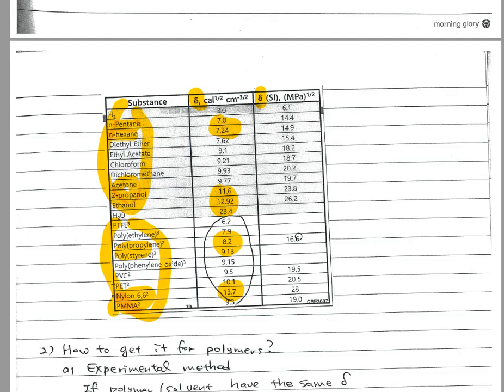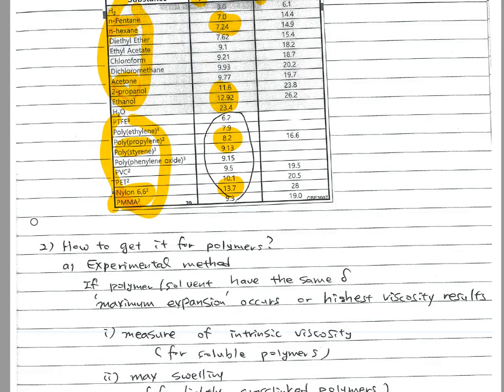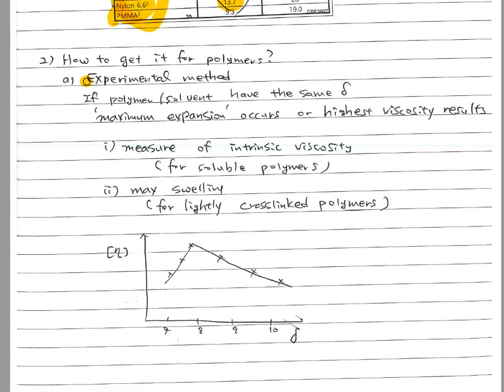So the definition of the Hildebrand solubility parameter is very simple, and there should be a way to determine it theoretically and also experimentally. The first one is the experimental method. You have already seen this in the previous video lecture, right?